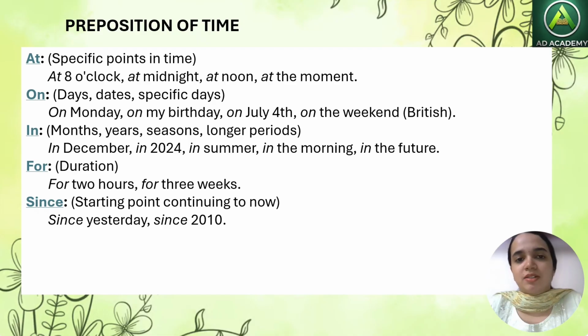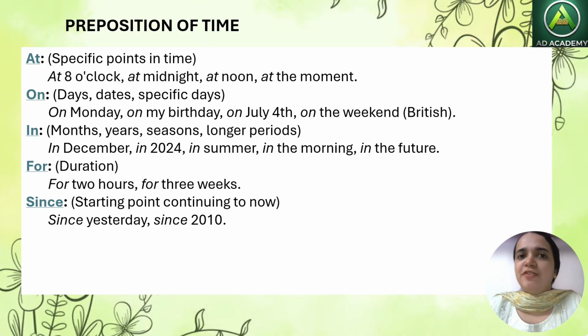Imagine you have been reading a book for 2 weeks, from last week to this week. So 2 weeks you took time. That's a duration of time. And for 2 hours, for 2 weeks, for 3 weeks can be used like that.